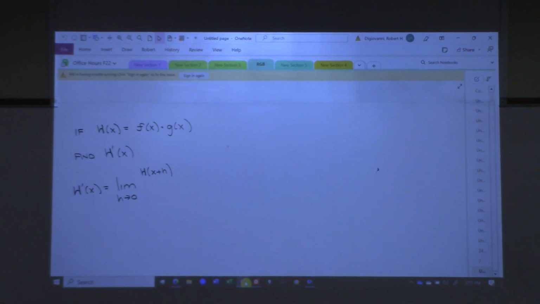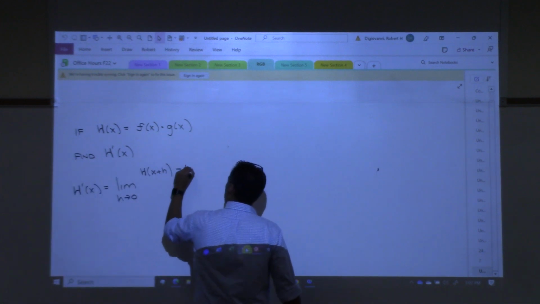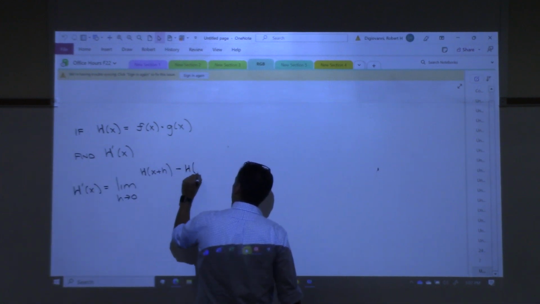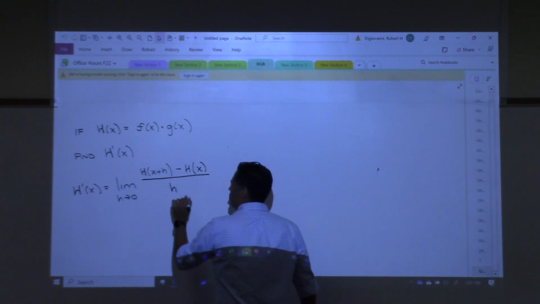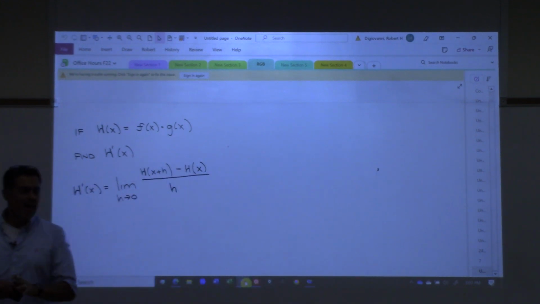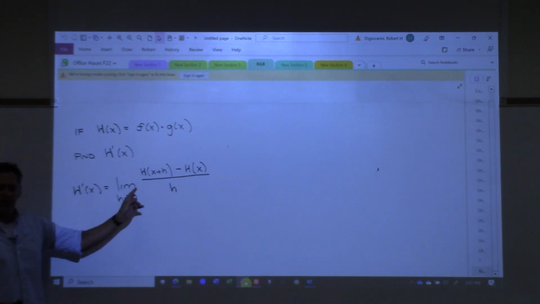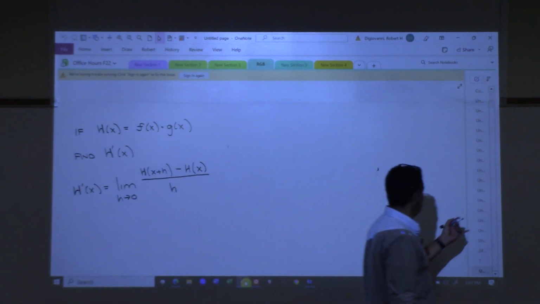So it's that minus capital H of x over little h. Is that not the formula? Do you all see that that's the formula? Remember our generic formula?